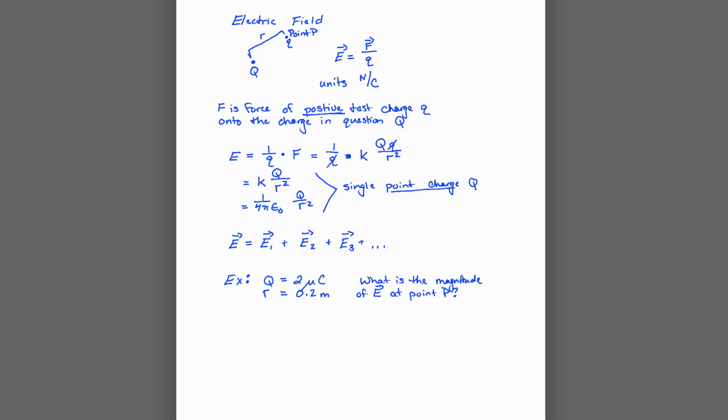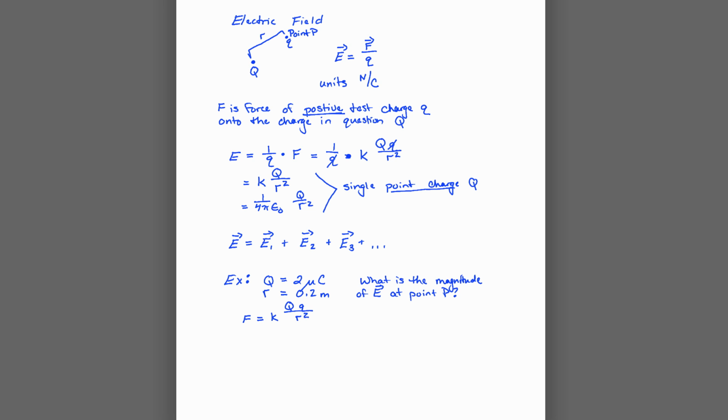Remember, this test charge is just there to help us get a feel for how strong this field is. Okay, so the force between that test charge and our charge capital Q is again going to be our proportionality constant, our charge capital Q, the charge on our test charge, over the distance between them squared.